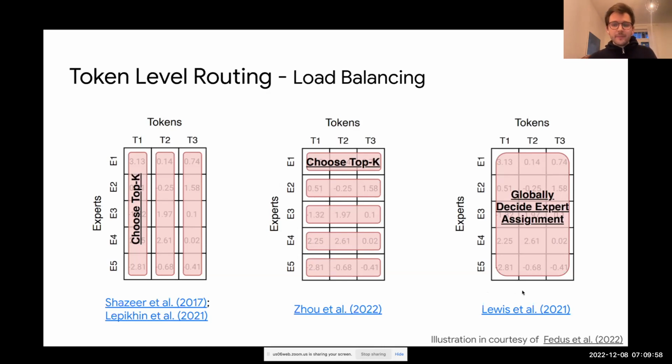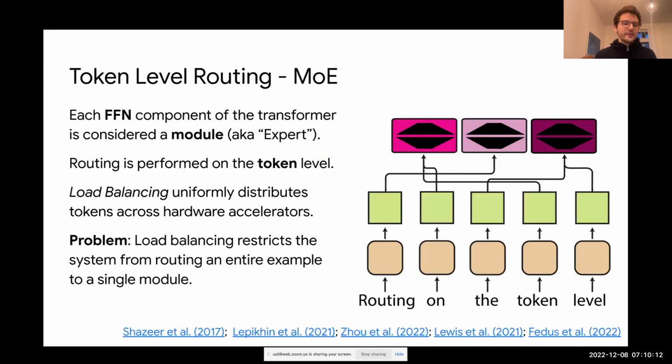And in the base layers, a global decision is made across all tokens and across all experts. The problem is that because of this load balancing, we restrict the model from actually routing all the tokens of one sentence to the same expert. Because of this load balancing constraint, we can never route all the tokens of one specific example to a single expert or module.